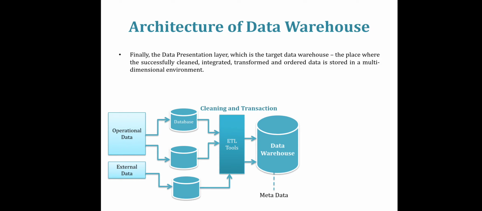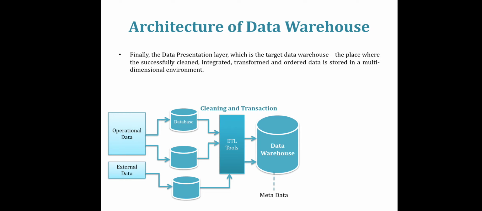We have seen the multi-dimensional environment in which we store the data in the form of data cubes, right? But the data should be clean, integrated, transformed and ordered. That is the data we have in our end target.